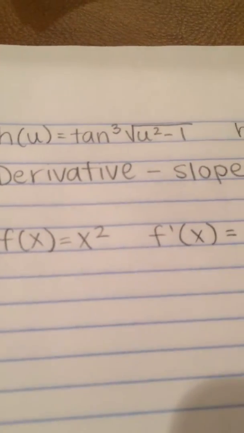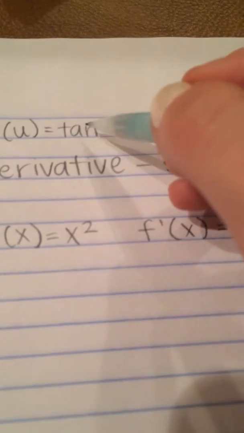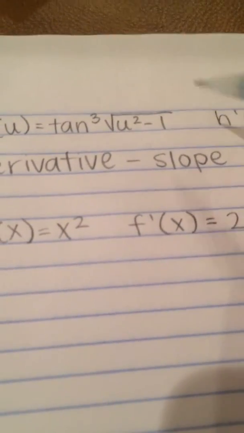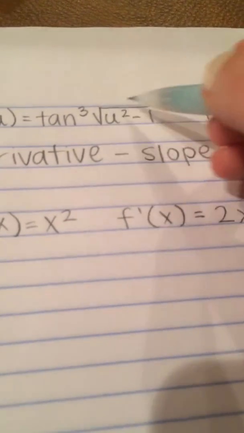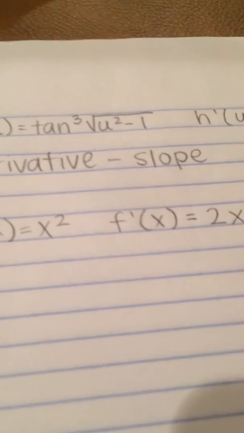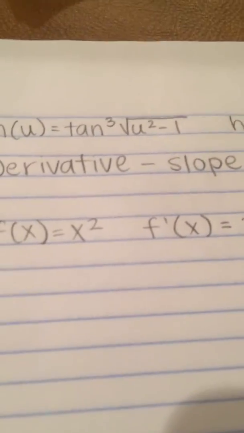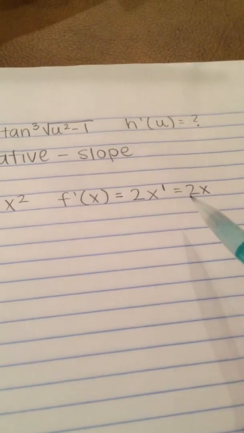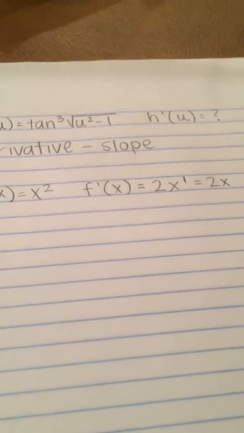Inside of that you have the tangent of the square root of u squared minus 1, and you also have the square root of u squared minus 1, and you have u squared. So that's a lot of functions. So you can't do it this easy way. You have to employ the chain rule.